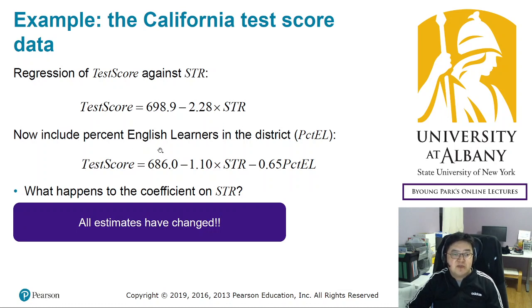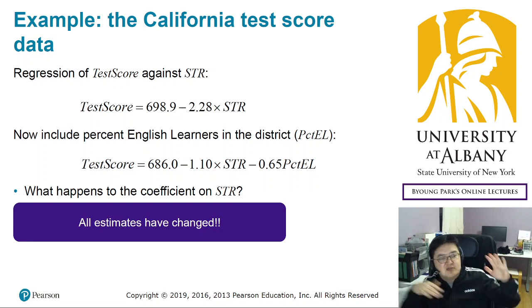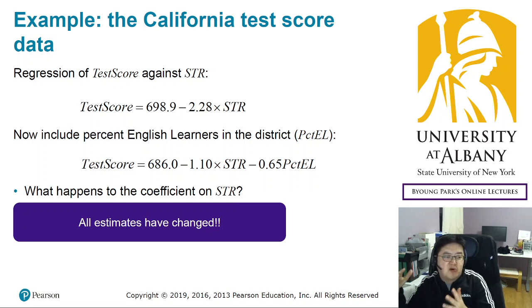Now you include additional variable, percentage of English learners, then it turns out to have a negative impact, which is intuitive because as we conjecture that the higher the percentage of the English learners then the lower the test scores will be, because the more non-native speakers, then they are not good enough in English, then their test scores must be lower than their native counterparts.